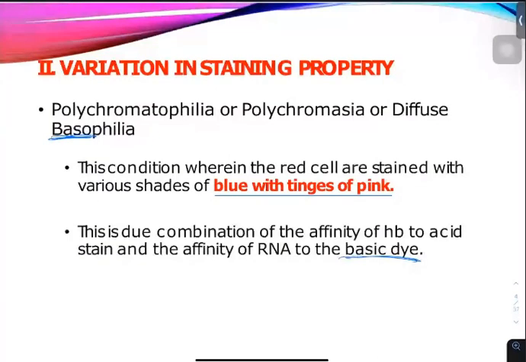Usually we can see this on your reticulocyte. You can see that RNA content on your retics but not on your matured RBC. So if a matured RBC takes basic dye, it is considered polychromatophilia or polychromasia.